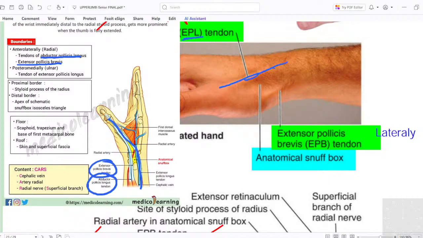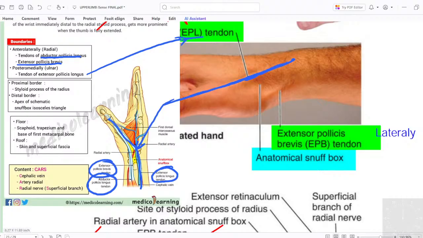Why longus? It goes up to the distal phalanx. This is extensor pollicis longus tendon, medially. And laterally will be two. Which two?